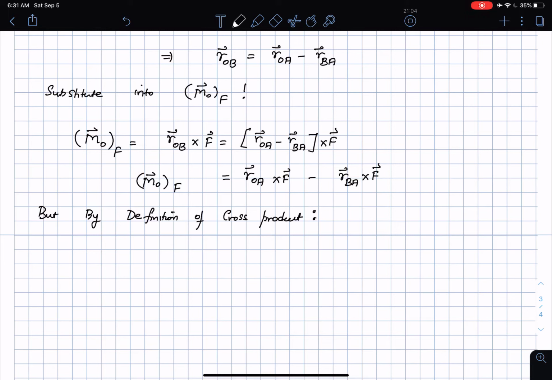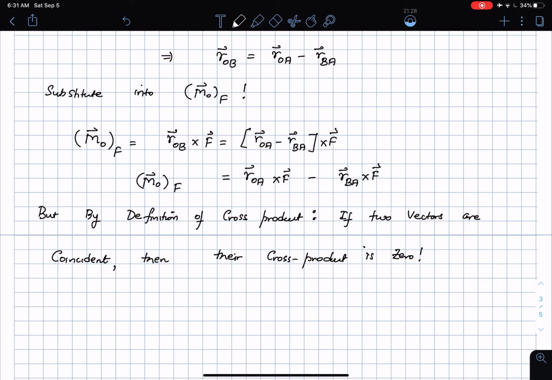If two vectors are coincident, then their cross product is 0.